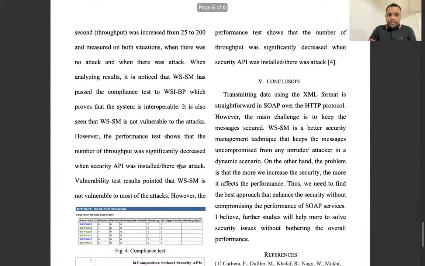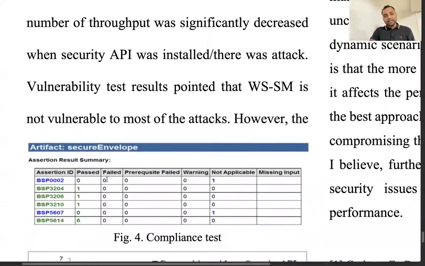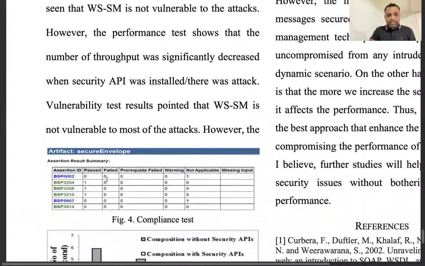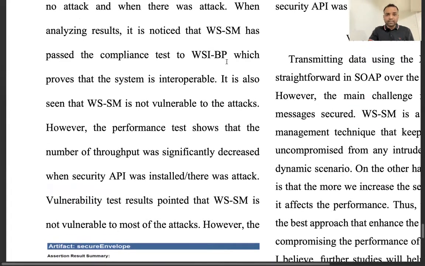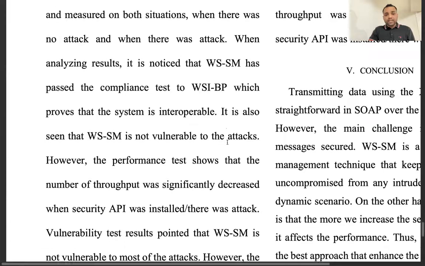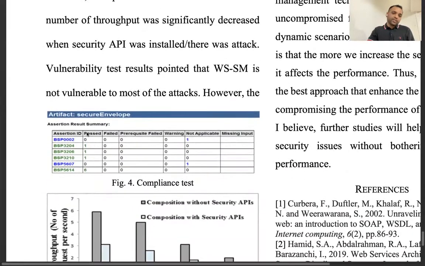And after that, when the result was analyzed, it was seen that the SOAP message was checked with the WSIBP, which is actually an interoperability test.